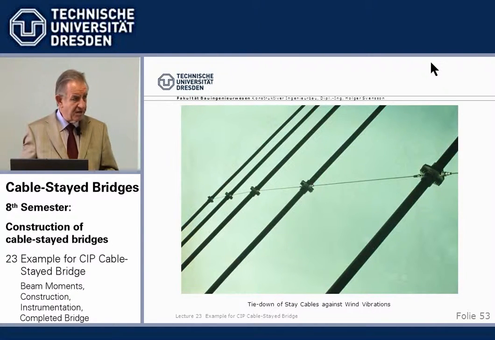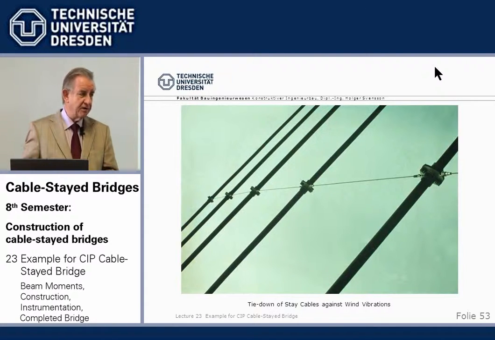So we'd rather avoid it by using hydraulic or friction dampers at the bottom, things like that. But here, that was decided. So that's the bridge with the tie-downs. Not too nice, I think. I'll show you later the pictures which were taken before those tie-downs were installed. Then the bridge looks much nicer.